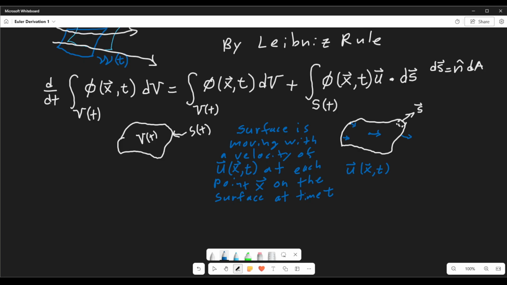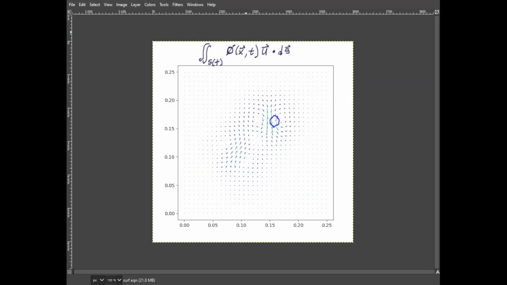There's the volume integral and the surface integral. Looking at this in more detail, let's start with the volume integral. The volume integral for this field, whatever it is, depends only on how it's changing with time.